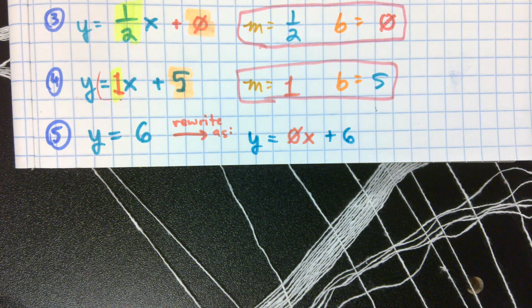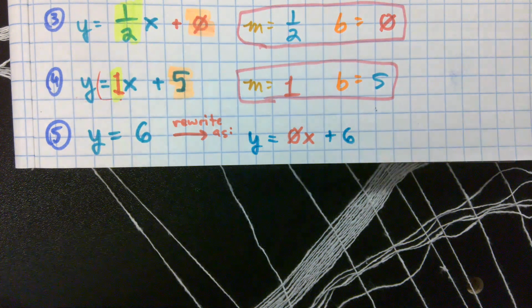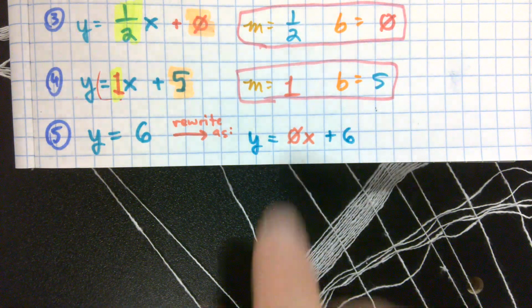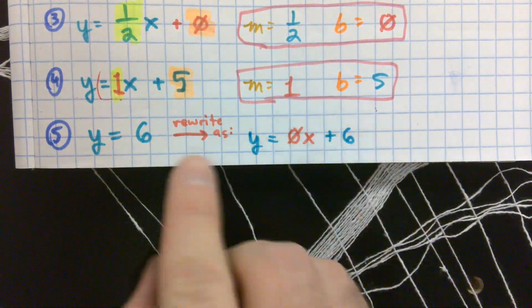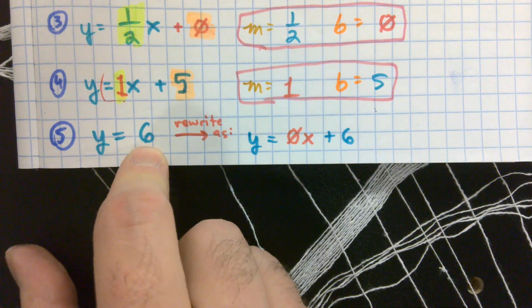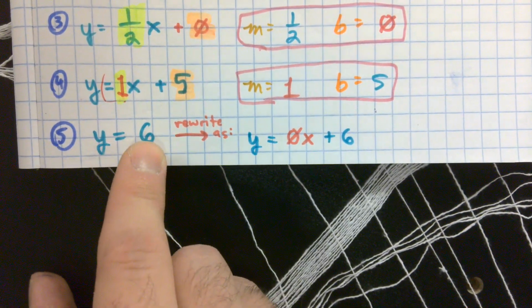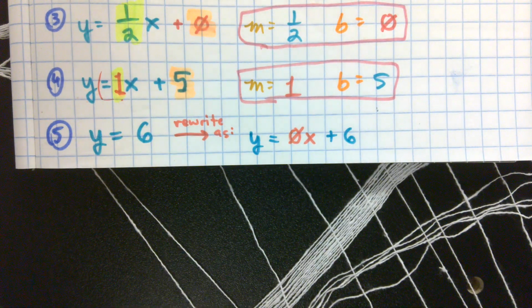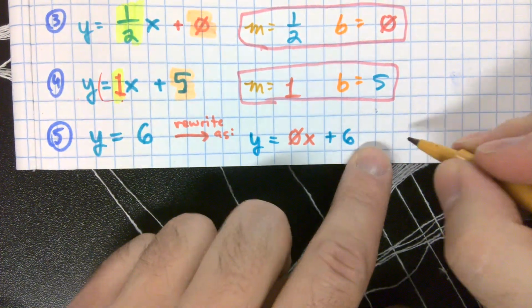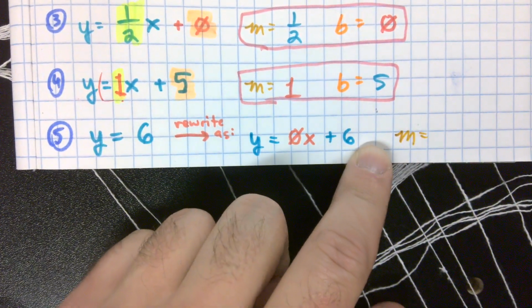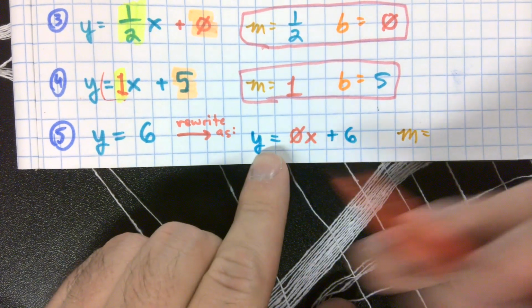What would 0x be equal to? If we multiply x by 0, what is that? Just 0, right? And 0 plus 6 would just give us that 6. So whenever you see y is equal to a number, your brain should instantly know that our slope here is going to be what? 0. It's the number right in front of our x.